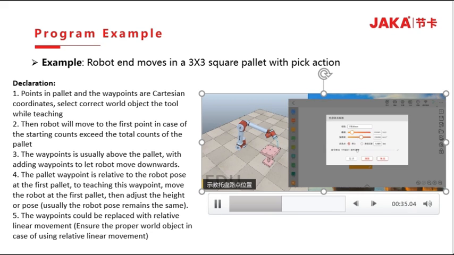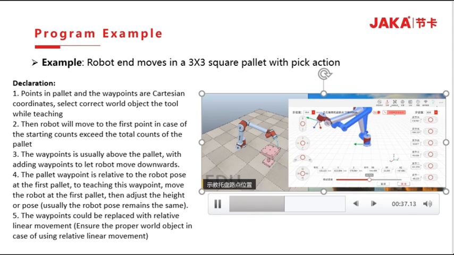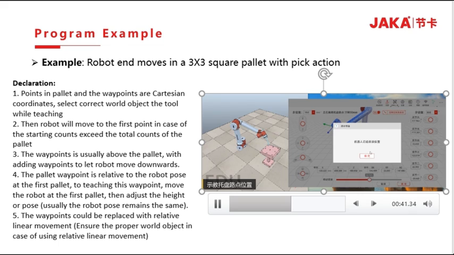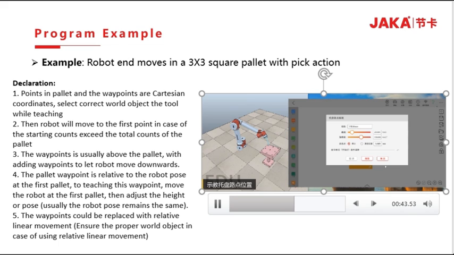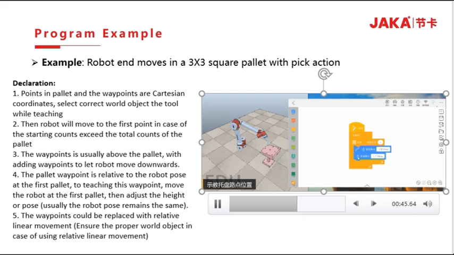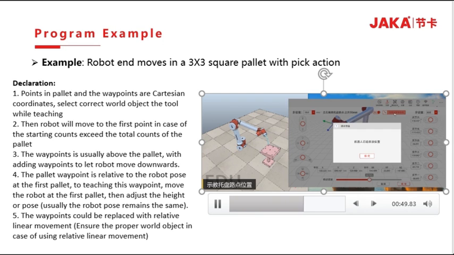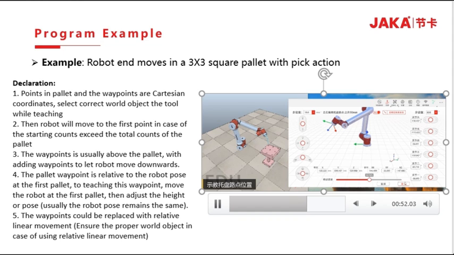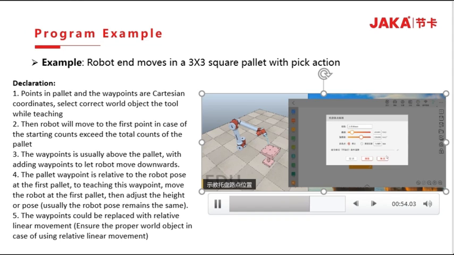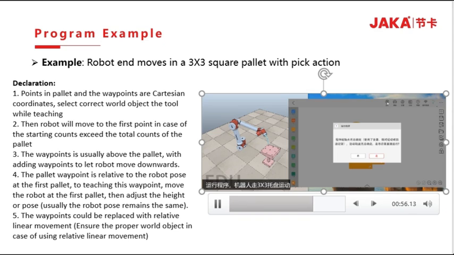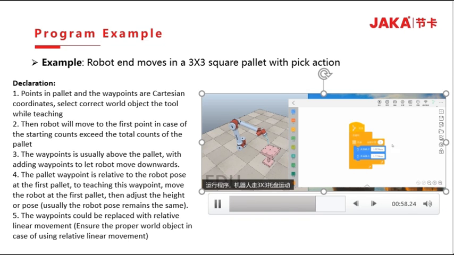When teaching the waypoints, normally we'll need to move the robot to the first pallet position. Then we can run the program. We could see that the tool end is palletizing with a 3x3 pallet.